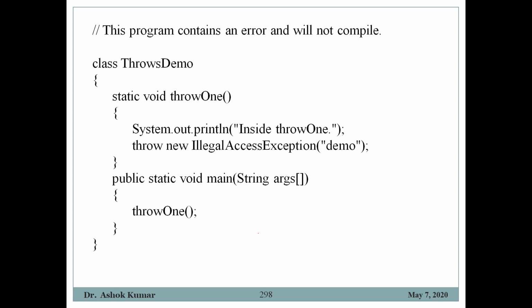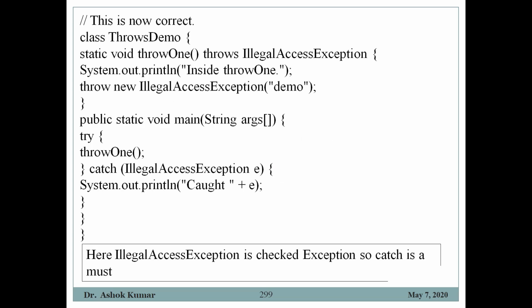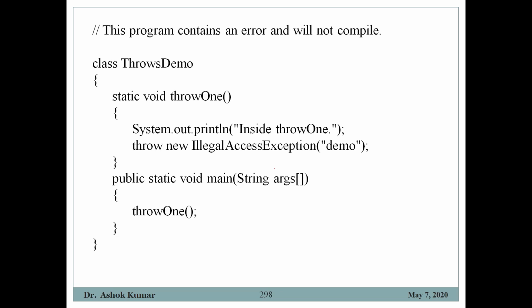So here is the program, and this program as written over there contains an error. It will not compile, right? The reason why it will not compile is that this method is creating the exception through this line.